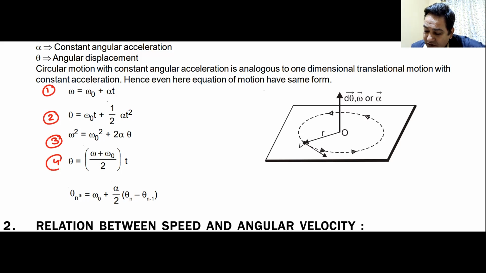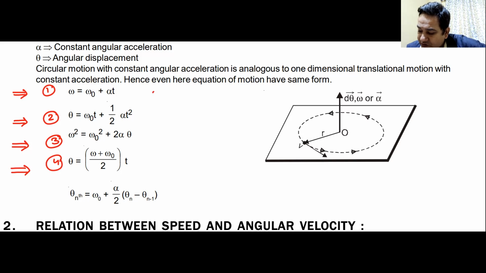I'm sure we have done these equations before, not in terms of omega, but definitely in terms of v and u. V is equal to u plus at, delta r is equal to ut plus half at squared, v squared is equal to u squared plus 2 times a into delta r. We have done these equations before.